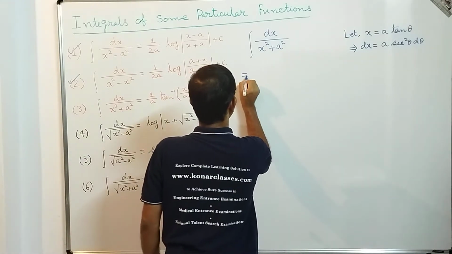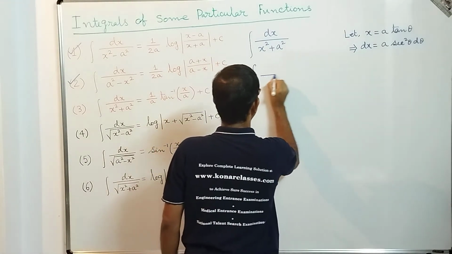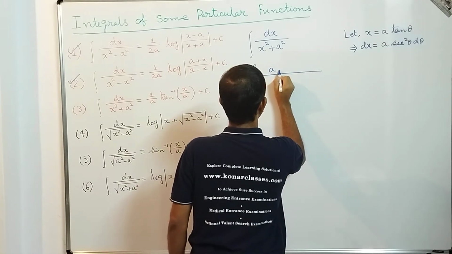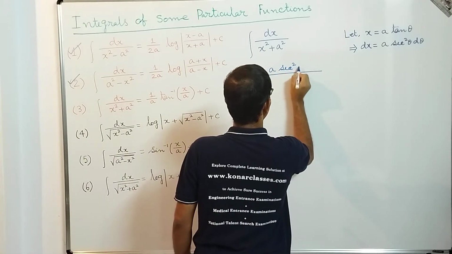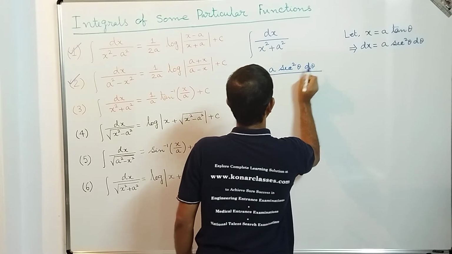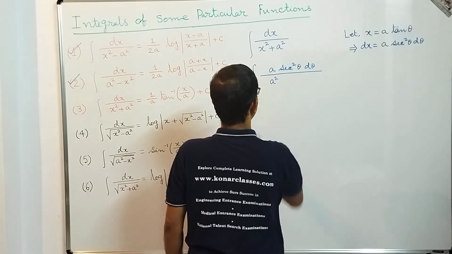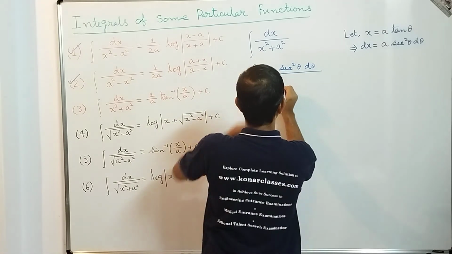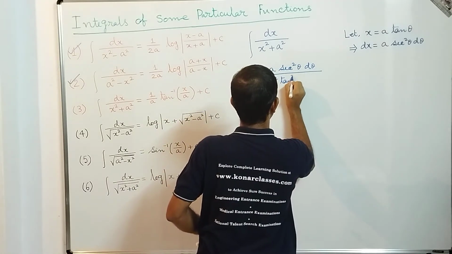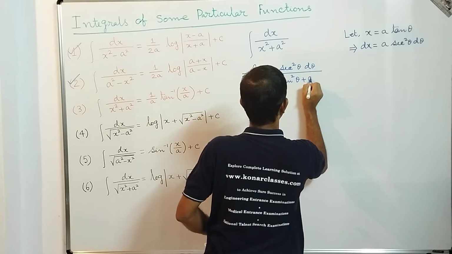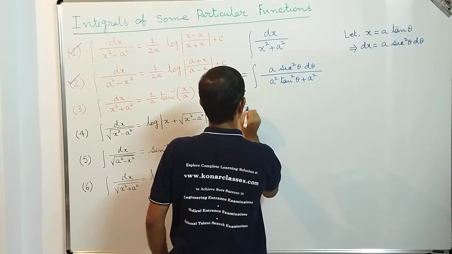So what we get from this integration is a sec square theta d theta divided by x square plus a square, that means a square into tan square theta plus a square. So this is equal to what?